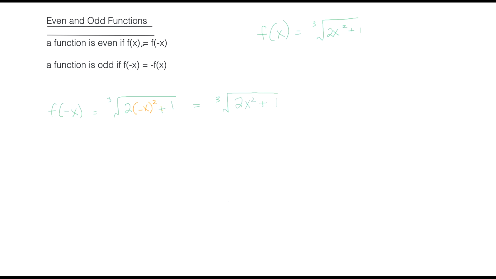So it's the same exact thing. My original one was the cube root of 2x squared plus 1, and my f of minus x is also the cube root of 2x squared plus 1. So when my f of x equals my f of minus x, it's an even function.